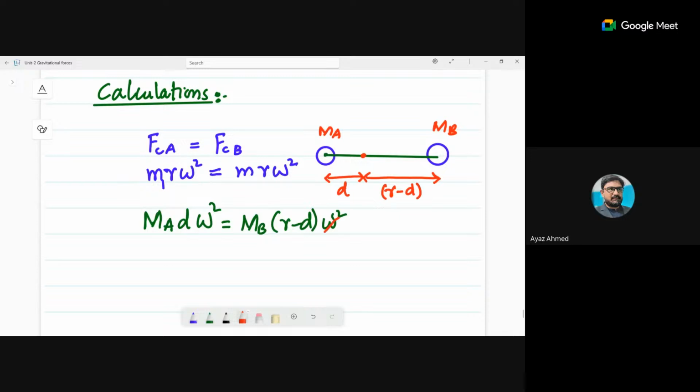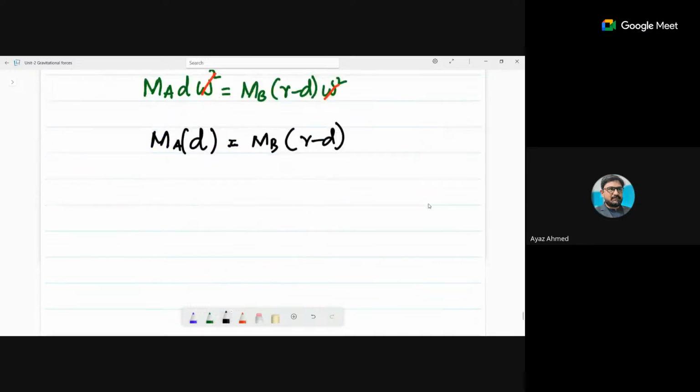So omega square will be cut by omega square, and you will get ma into d is equal to mb into r minus d. So this is the equation which is used to calculate the ratio of masses: mass of A divided by mass of B is equal to r minus d divided by d.